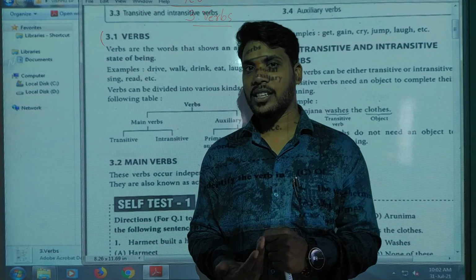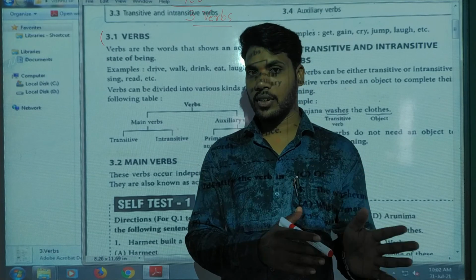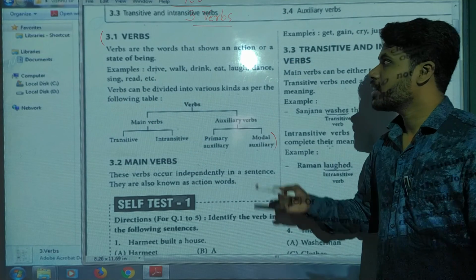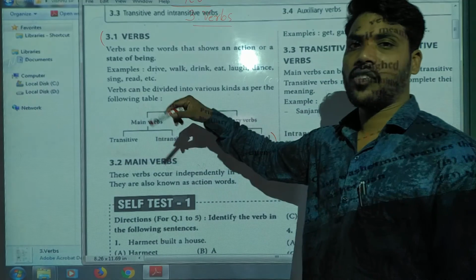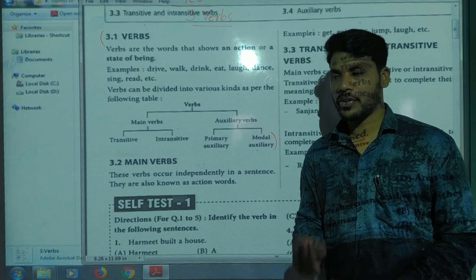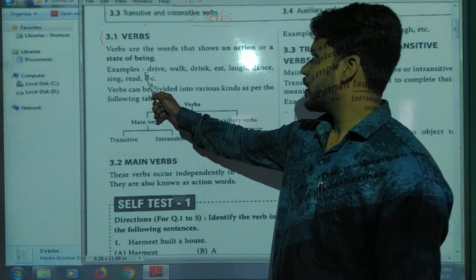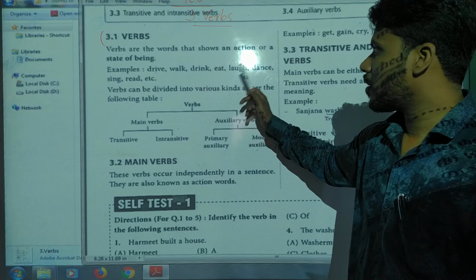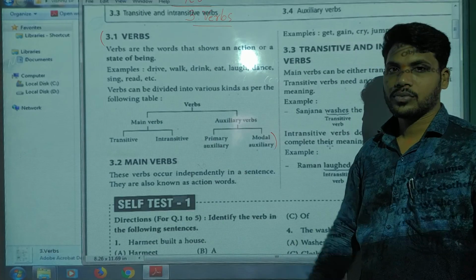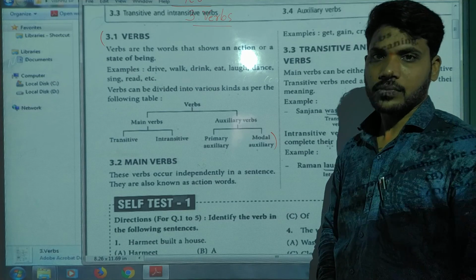Learning is an action, so learning is a work. So verbs are the words that show an action or a state of being. Whatever work you are doing, that is called a verb. Examples: drive, walk, drink, eat, laugh, dance, sing, read, teach, etc. So many examples we can give.